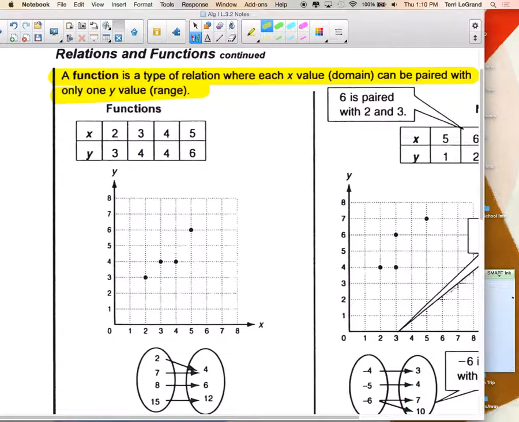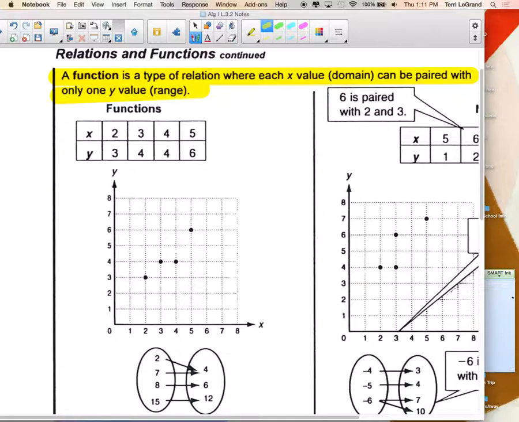So a function is a type of relation, a set of ordered pairs, where each x value, the domain, can be paired with only one y value, the range. So when you have an x value in the domain, it can only be paired up with exactly one y value in the range. You can't have more than one y value.